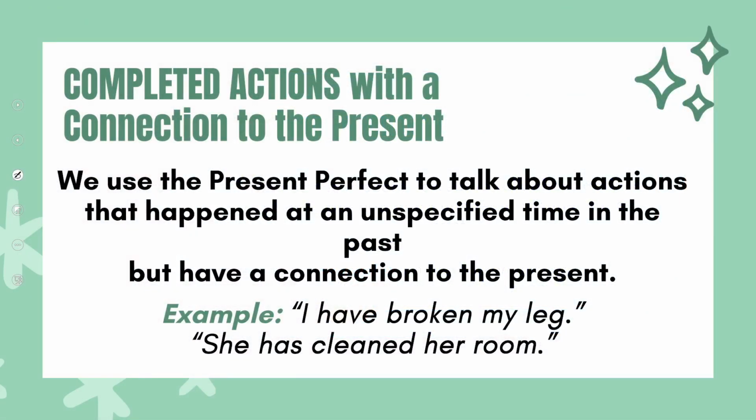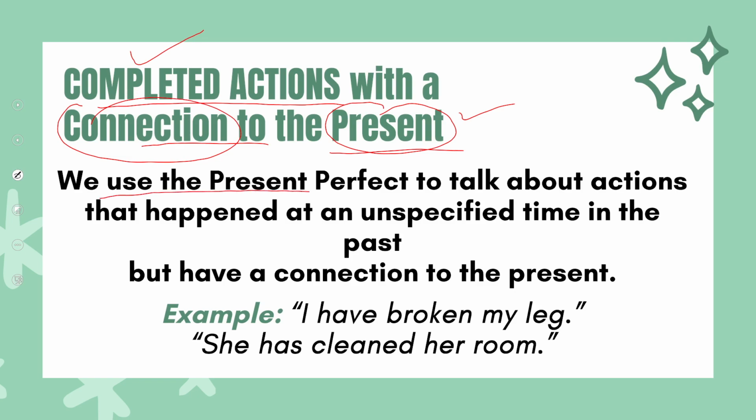Now, in present perfect tense, we talk about completed actions with a connection to the present. Actions that are completed, already happened, but they have a connection to the present moment. So this is when we use our present perfect tense.